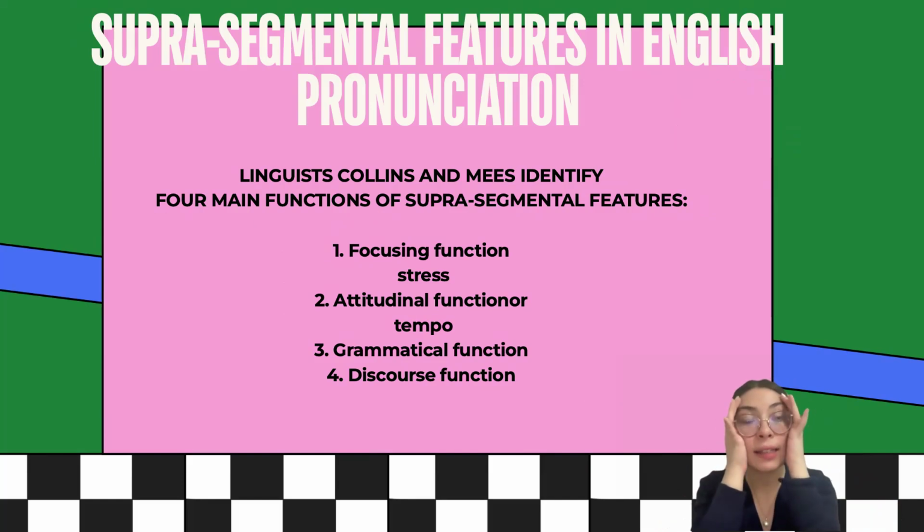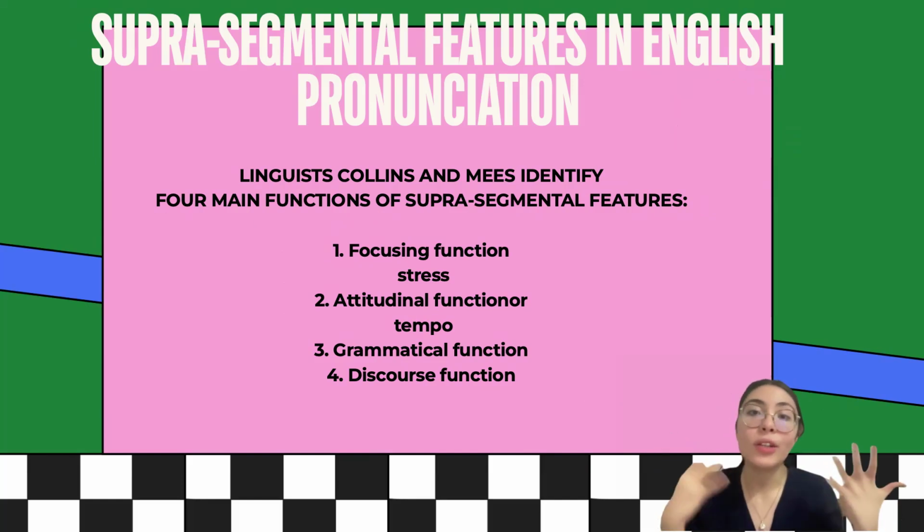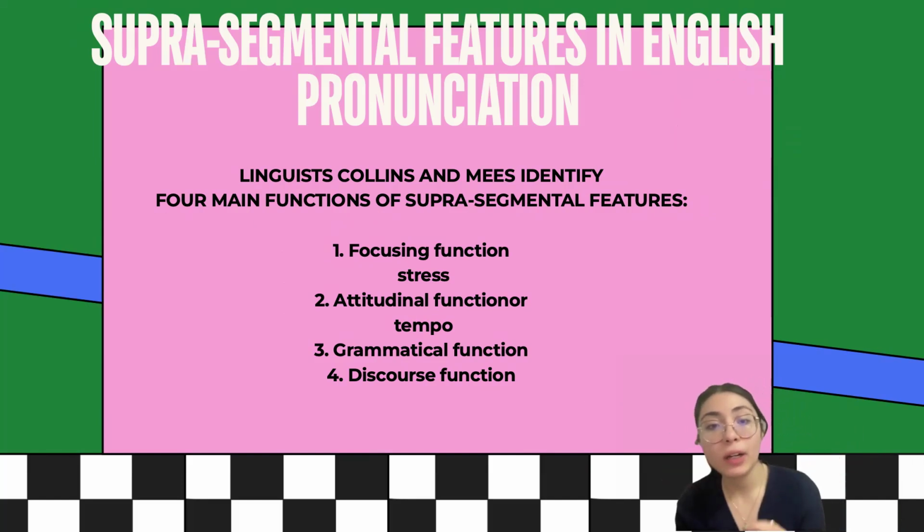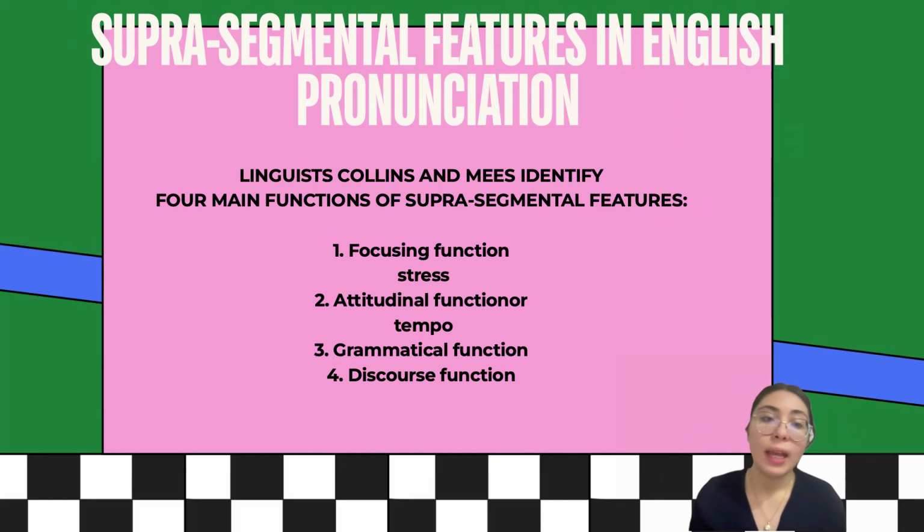The key idea is, it's not what you say, but how you say it, okay? Effective use of suprasegmental features makes our speech clearer, more expressive, and easier to understand for others.